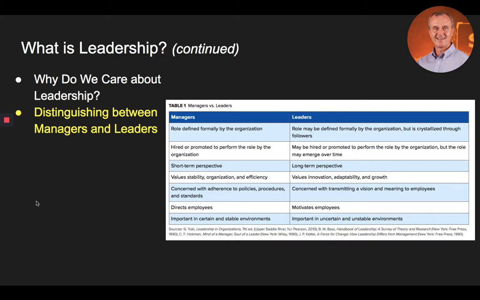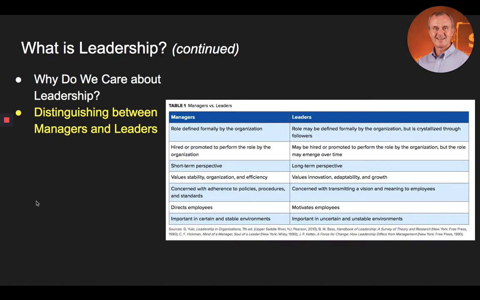Managers largely are more concerned with adherence to policies, procedures, and standards, whereas leaders are more concerned with transmitting a vision and meaning to employees. A manager directs employees, whereas a leader motivates employees. And managers may be very important in certain and stable environments, whereas leaders emerge and become more important in uncertain and unstable environments.